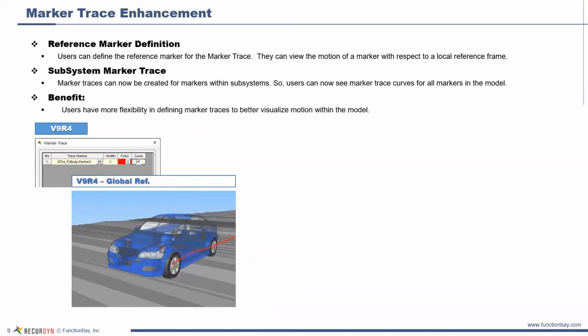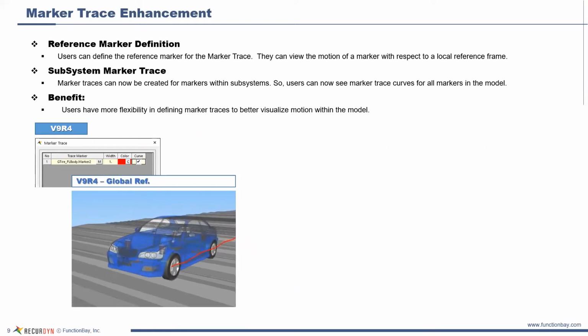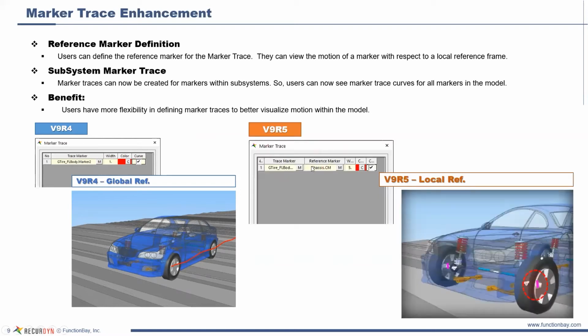But if we want to see the path that the marker takes, maybe as far as the vertical motion of the suspension with respect to the car, then we can now define a local reference frame attached to the car frame. And that's shown here in this dialog.